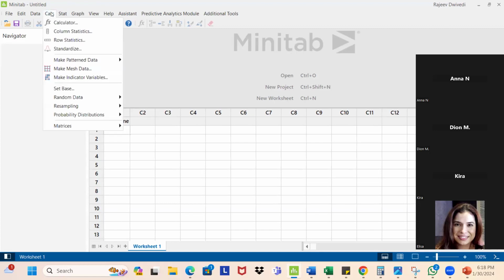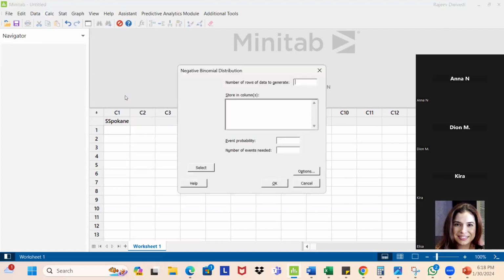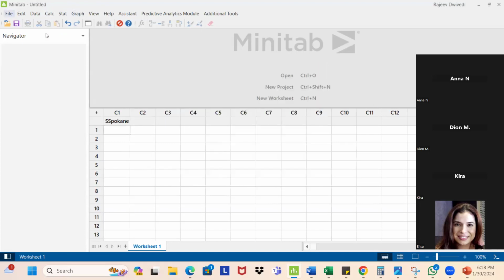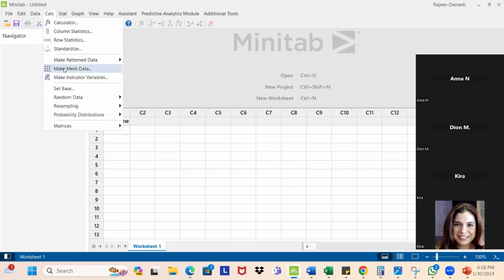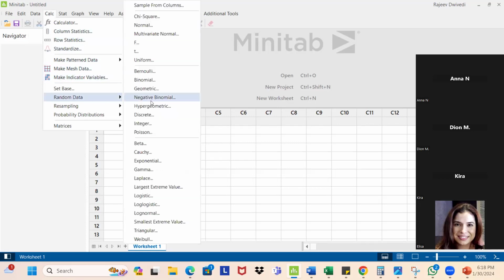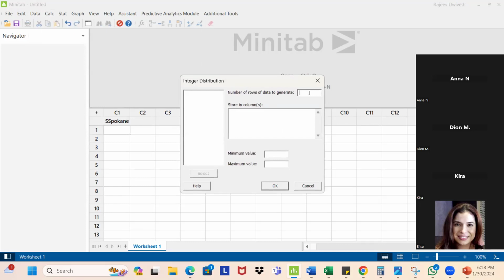I go under random data, then integers. And for number of rows, let's say I'm going to collect 60 home data, so number of rows is this.